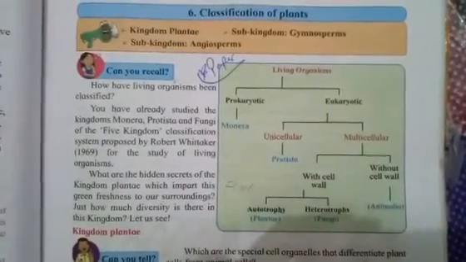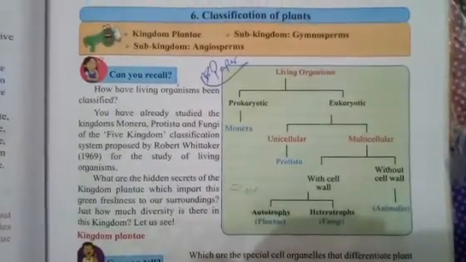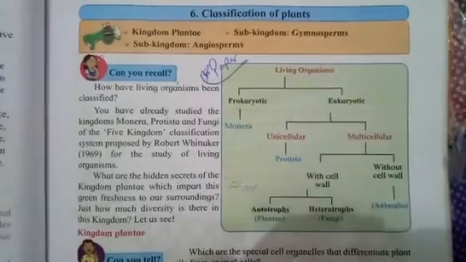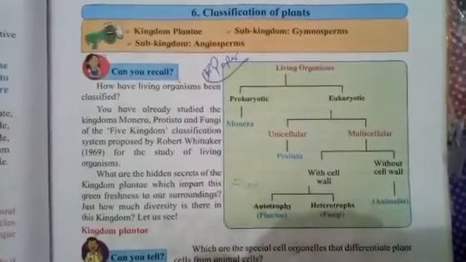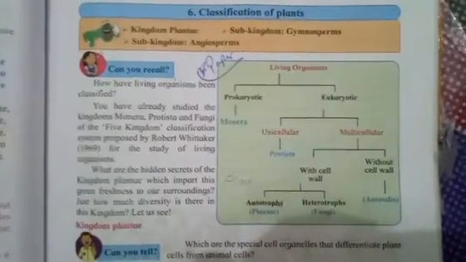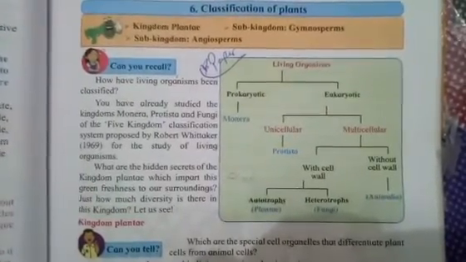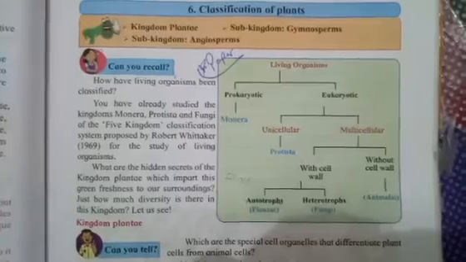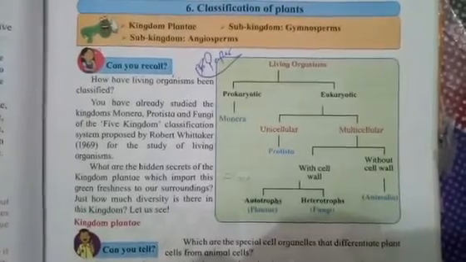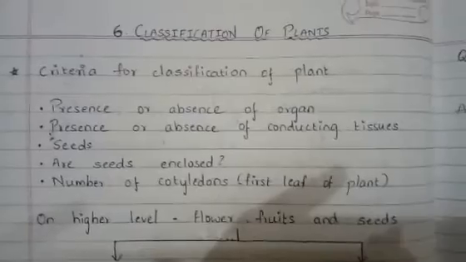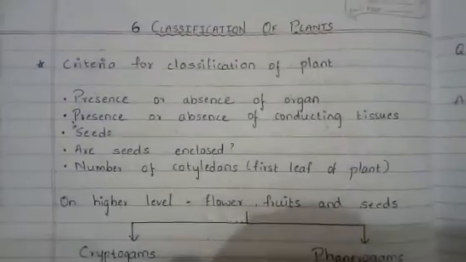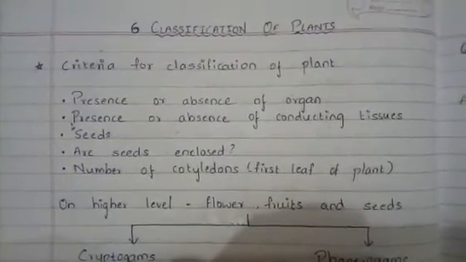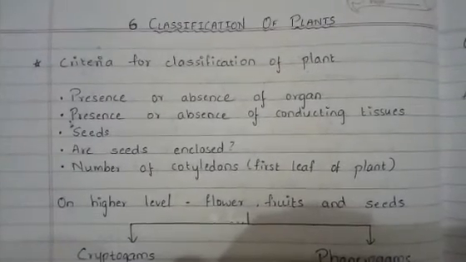As you all know, there are different types of living things on our planet Earth. For example, plants, animals and human beings. Now, among these living things, we are going to learn in detail about plants, how plants are classified into different categories. For understanding the classification of plants, we have to know some criteria.